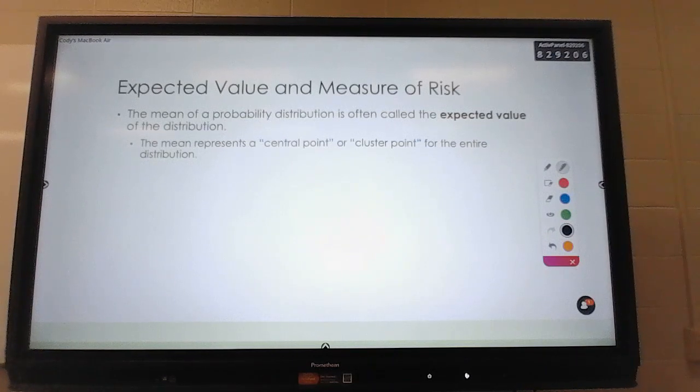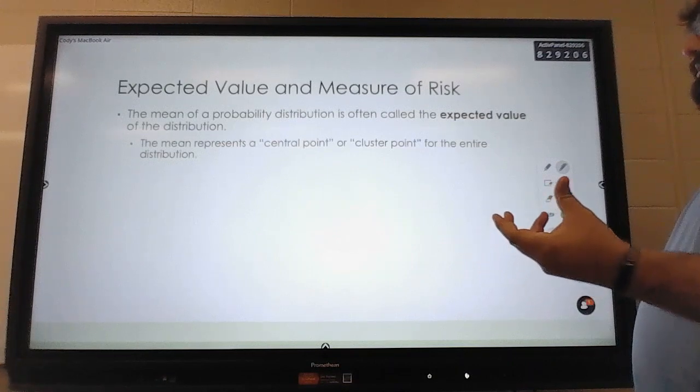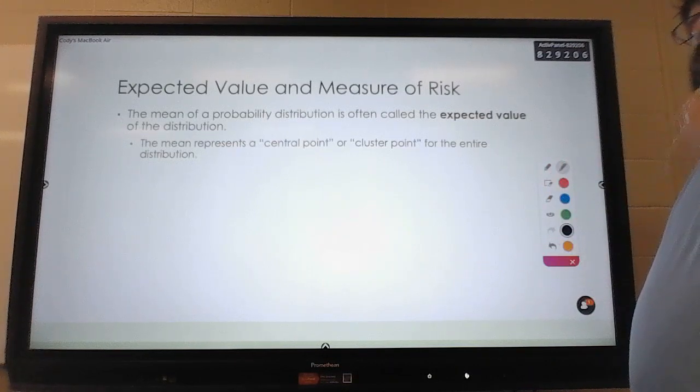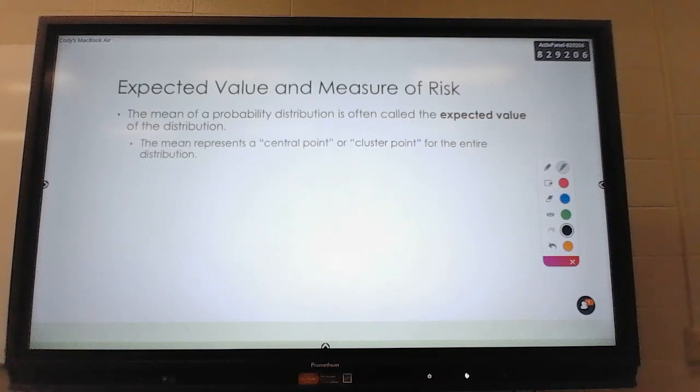Passing and rushing yards are good examples of this. Then it can be expected that the quarterback's passing yards for the game they're currently playing will fall at or near that value. That's why it's called expected value.